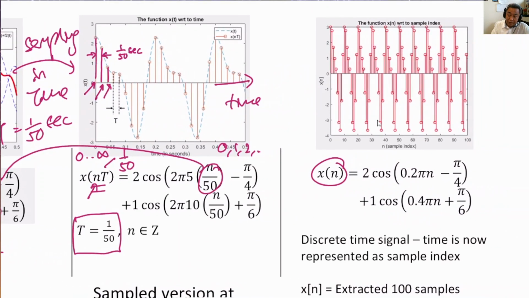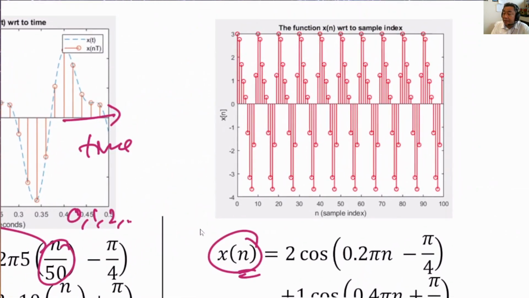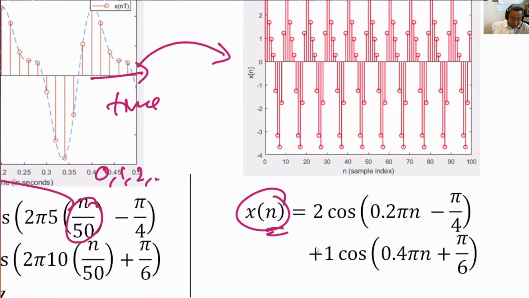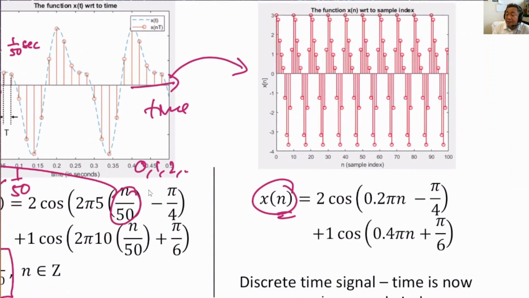But if I drop time and just remember the sequence, then I'm just remembering a sequence of numbers. I have no more concept of time. This is what happens in this step when I convert a discrete time signal into a discrete sequence of numbers. What I did was simply drop time.